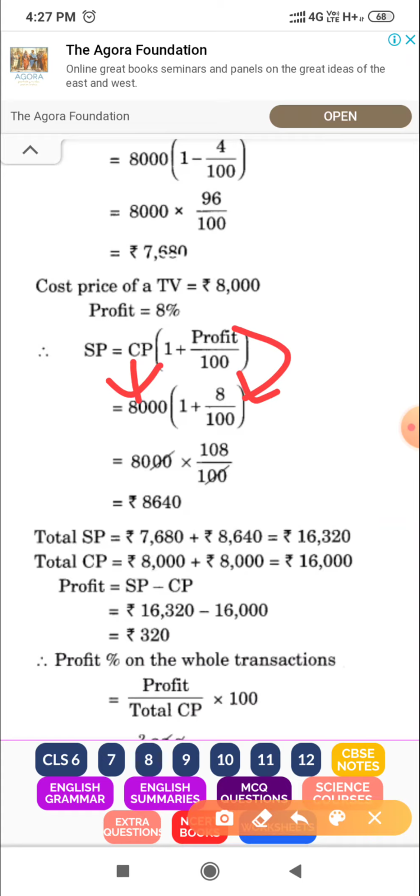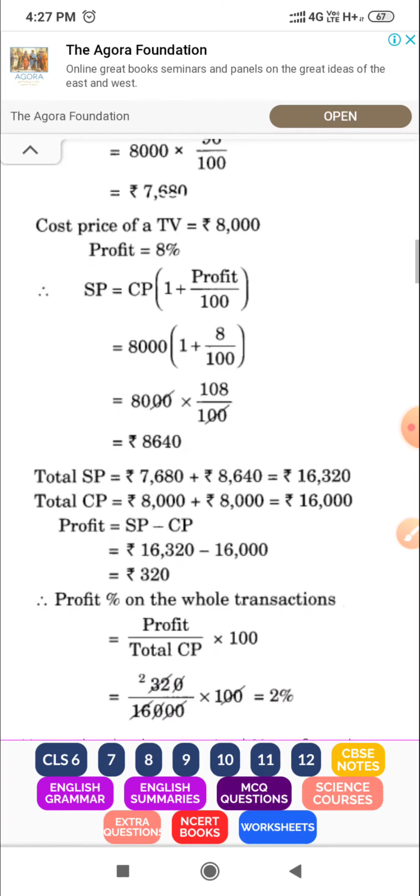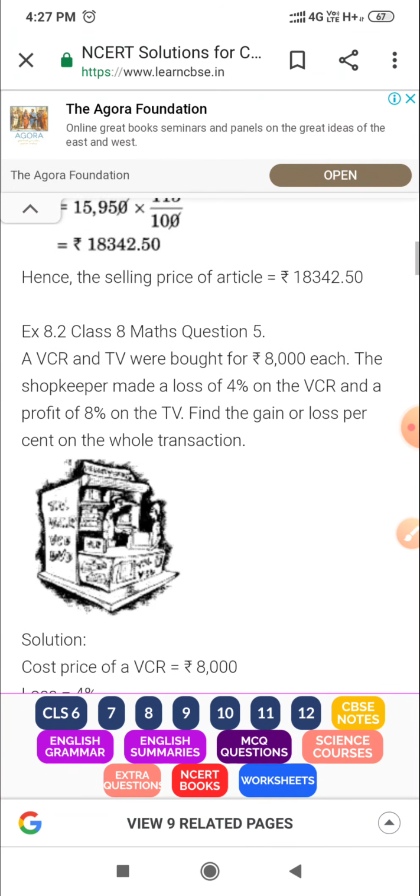So first we solve the quantity which is in the bracket. So we have 8,000 multiplied by 108 divided by 100. After solving this portion we have rupees 8,640, and it is the SP of TV.